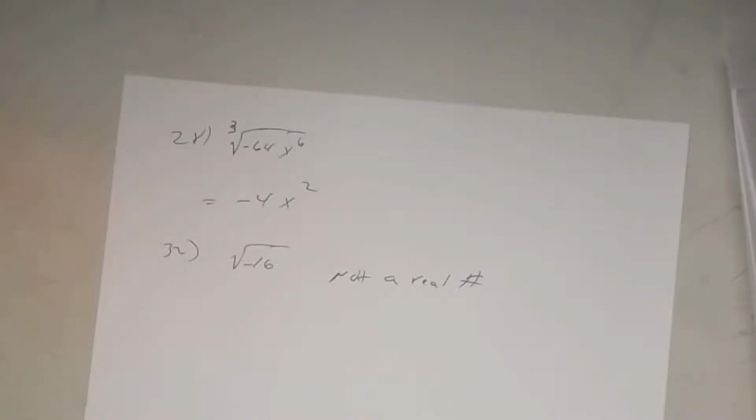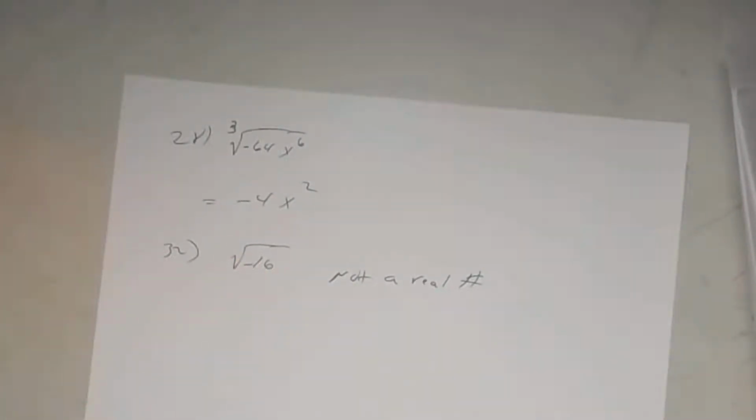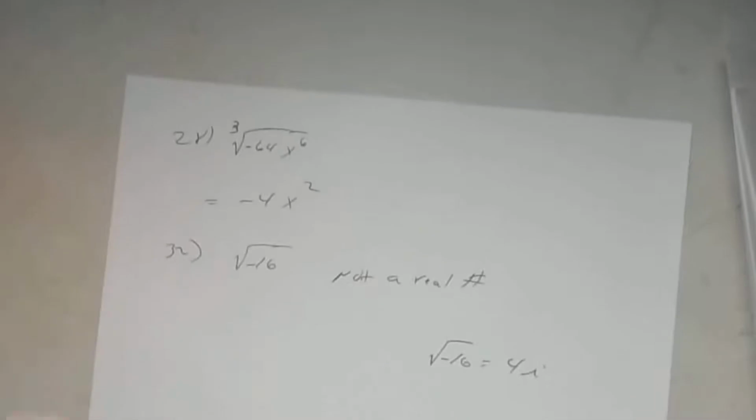In this section, you're going to say not a real number. In a future section of chapter 10, you're going to say that's just i. That's where we're going to start talking about imaginary numbers, at the end of chapter 10, which we're going to need for some quadratic equations. It's a number, it's not a real number. It's going to be on your final.